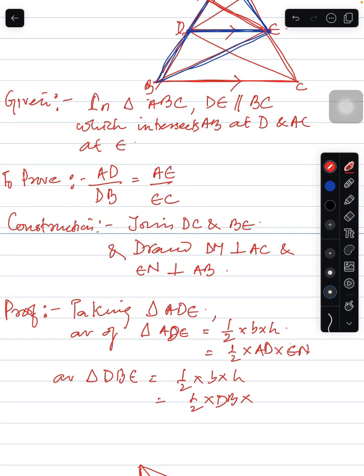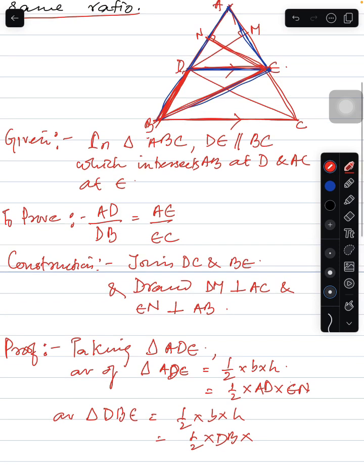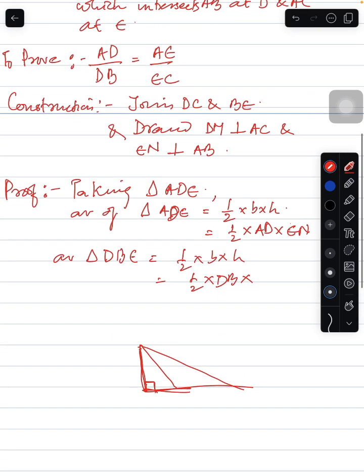Similarly, this is not a right angle triangle. This is an obtuse angle triangle, because this is not a straight line, you see. This is not 90 degrees. So this is an obtuse angle triangle. The height of an obtuse angle triangle is always outside the triangle. So this again is the height. So EN is the height.